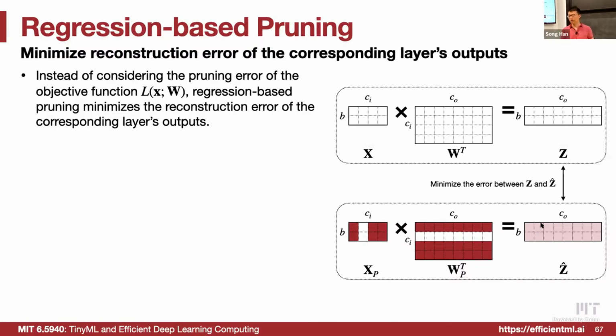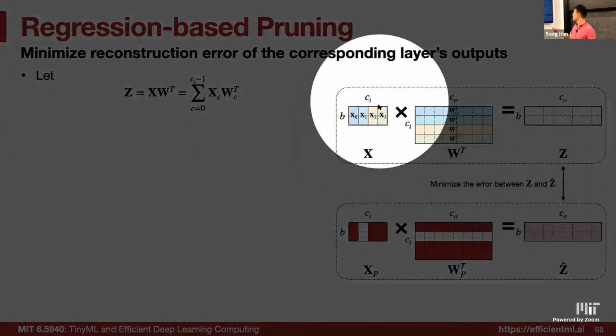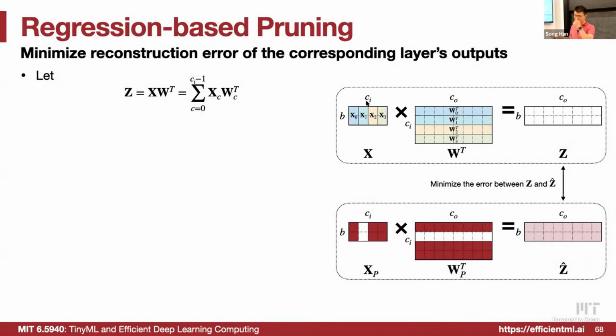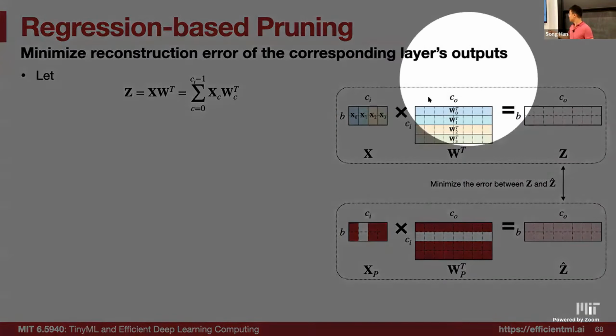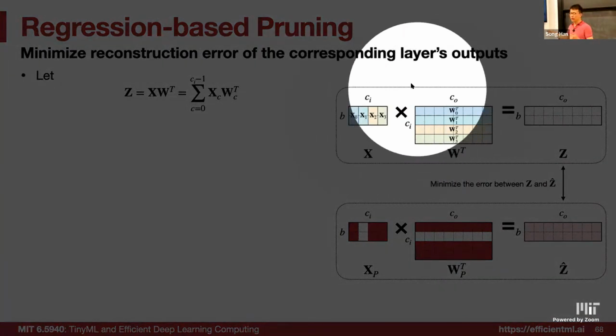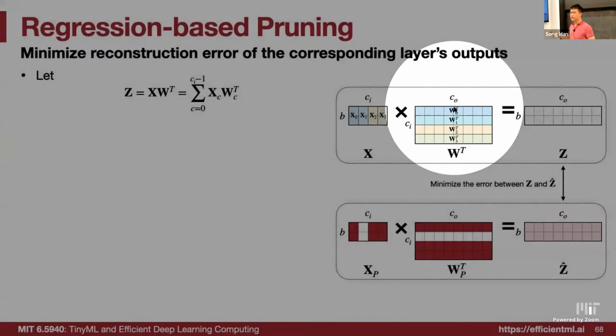So how do we do pruning here? We can view this matrix multiplication as 4 parts. 4 is the CI dimension. So 4 input channels, and we color them in 4 different colors. So x0 multiplied with w0, x1 will multiply with w1, x2 will multiply with w2.